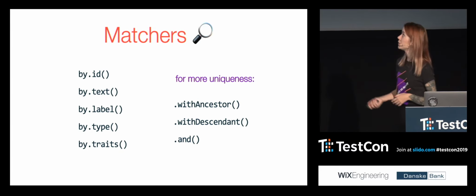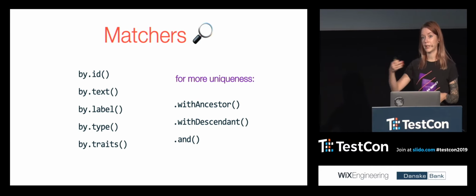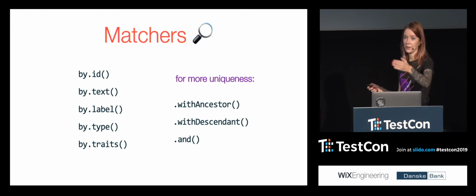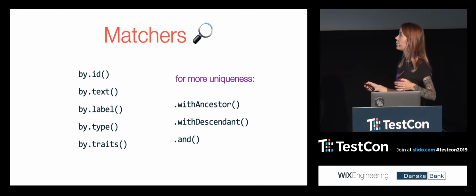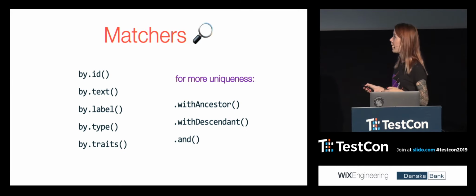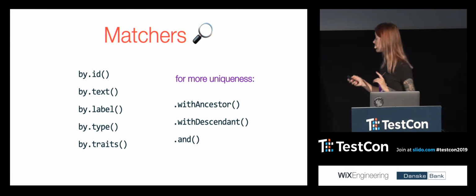And for more uniqueness, we can also add a different level of matchers, which would be by ancestor to go back in the view hierarchy of the element, with descendant to go forward in the view hierarchy, and add another matcher at the same level by appending it with AND.